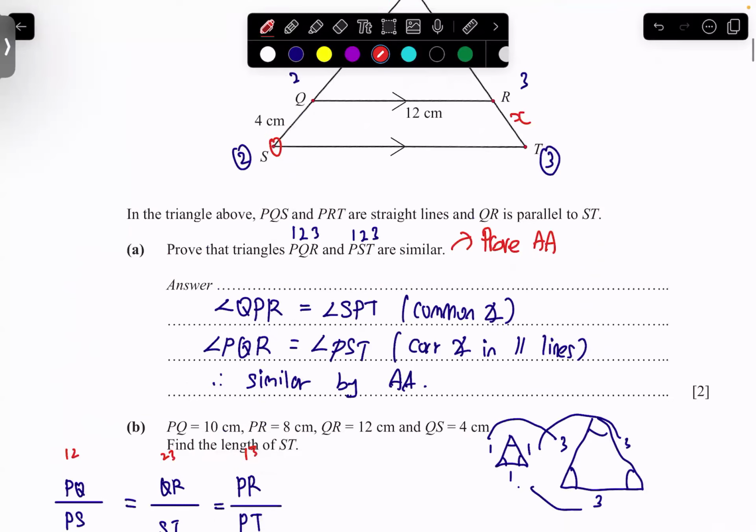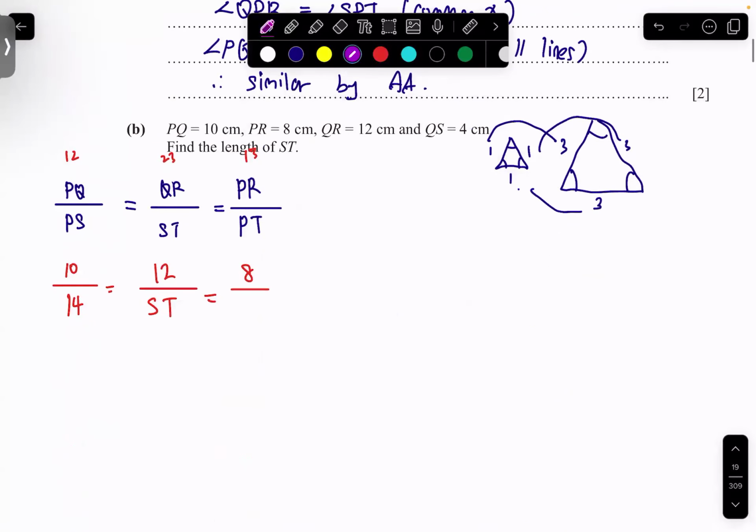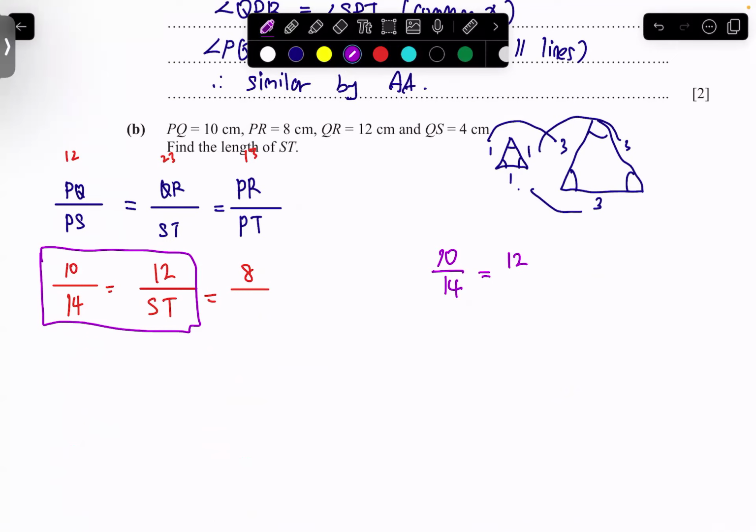Okay. Now we are supposed to find ST. So we are going to use this set, which will help us to find it. So 10 out of 14 equals 12 out of ST. So cross multiply, 10 ST equals 14 times 12.